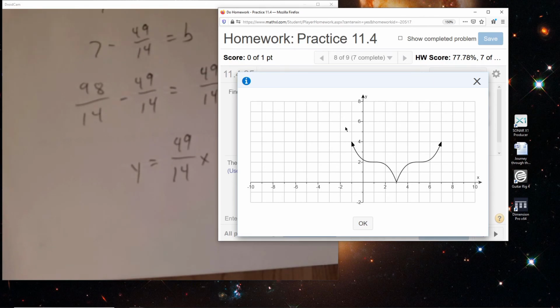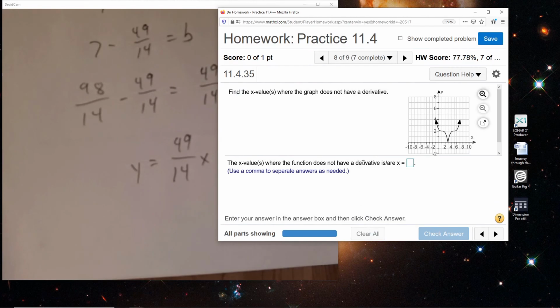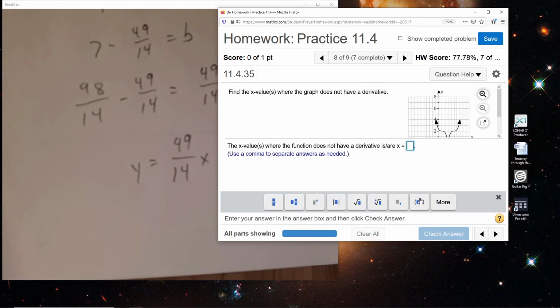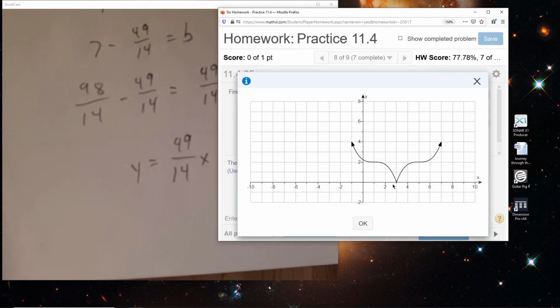So the derivative will exist everywhere on this function except at 3 where the sharp corner is. There are no derivatives at sharp corners. Because remember, the derivative is ultimately a two-sided limit. And approaching from the left gives us a slope that's going negative.